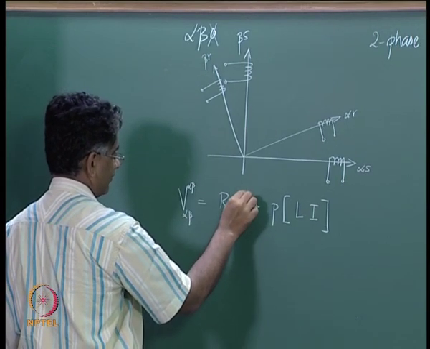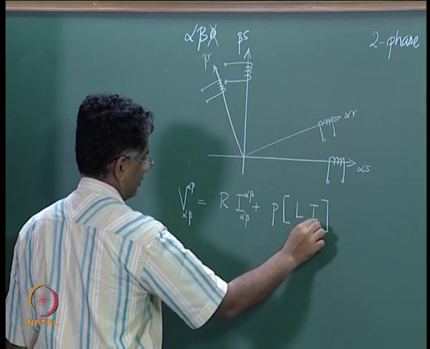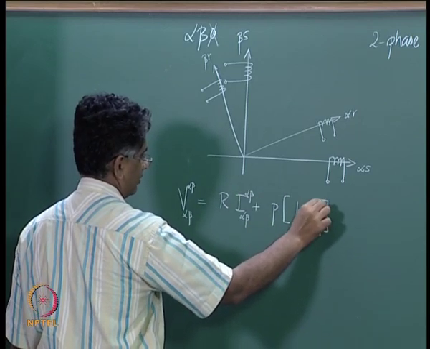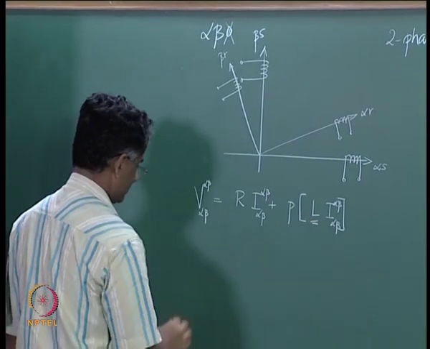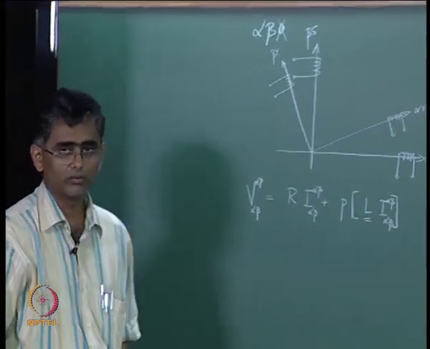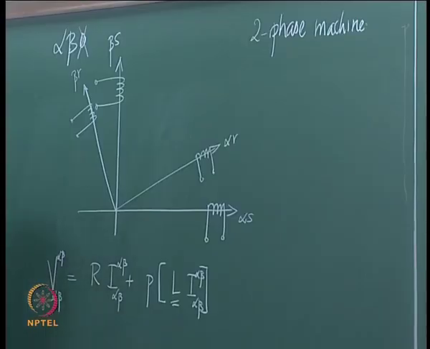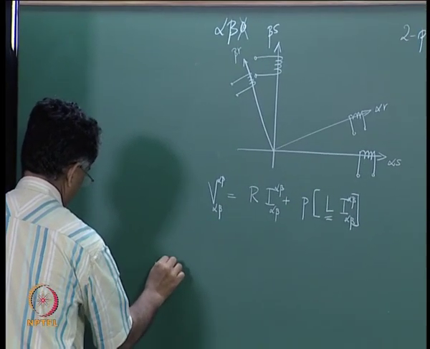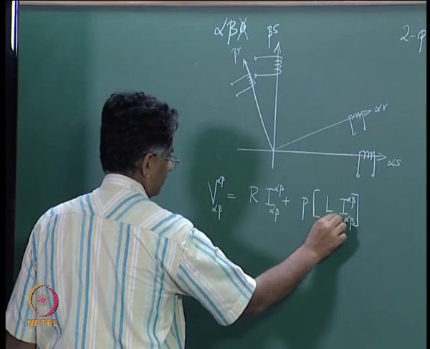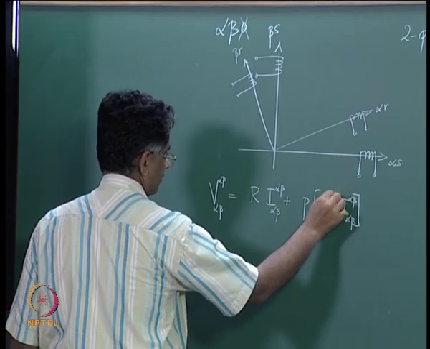I is also alpha beta and alpha beta, so alpha beta here and alpha beta there. The inductance matrix we have seen can be written by observation, and the inductance matrix can then be written as L, let us call it alpha beta, so that there is no confusion.